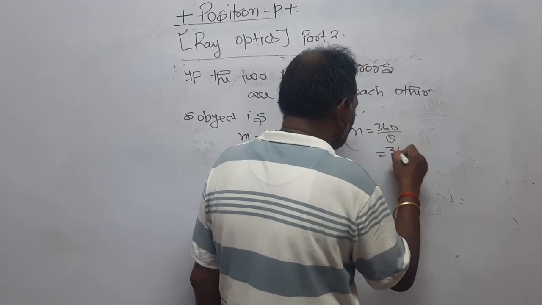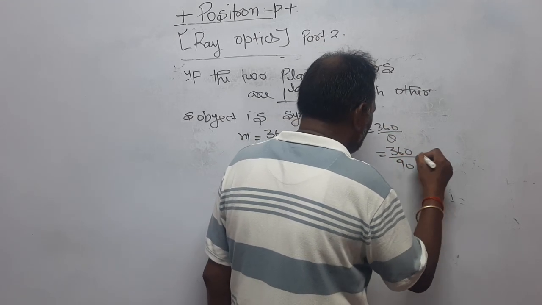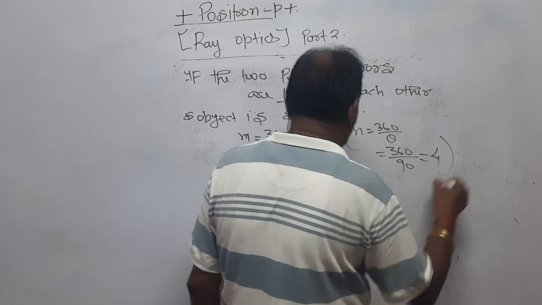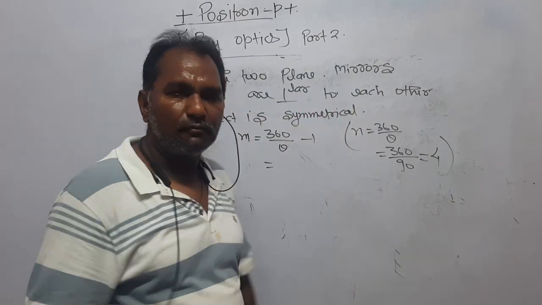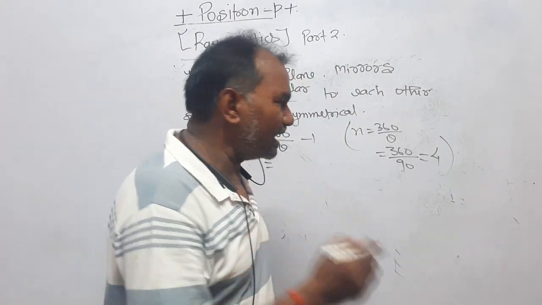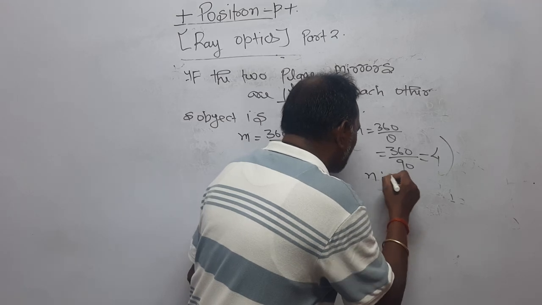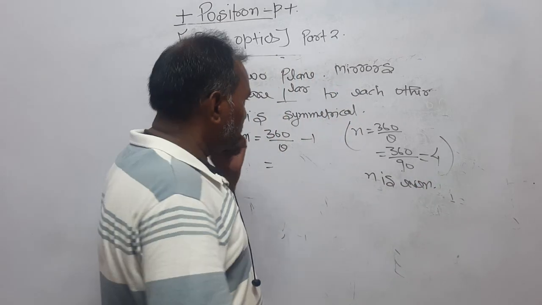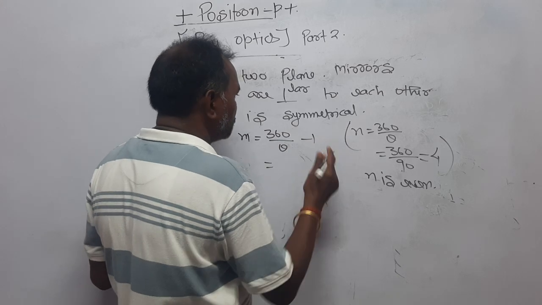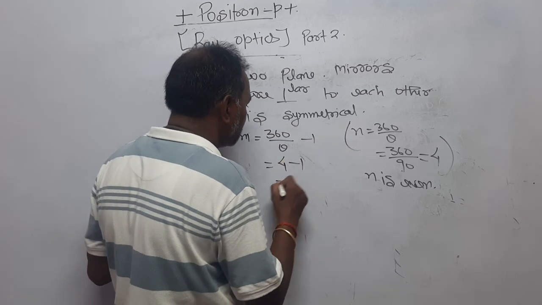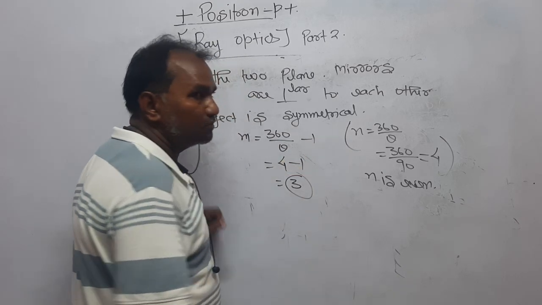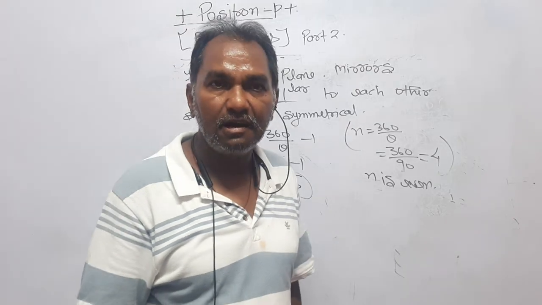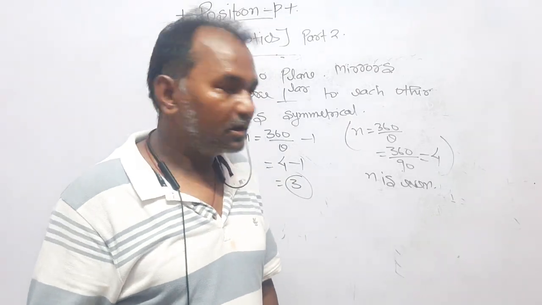Theta is 90, so 360 over 90 is 4. 4 is an even number, so N is even. In the case of even N, it does not matter whether the object is symmetrical or not, the number of images will be N minus 1, that is 4 minus 1, equal to 3. In this case, the number of images will be 3.